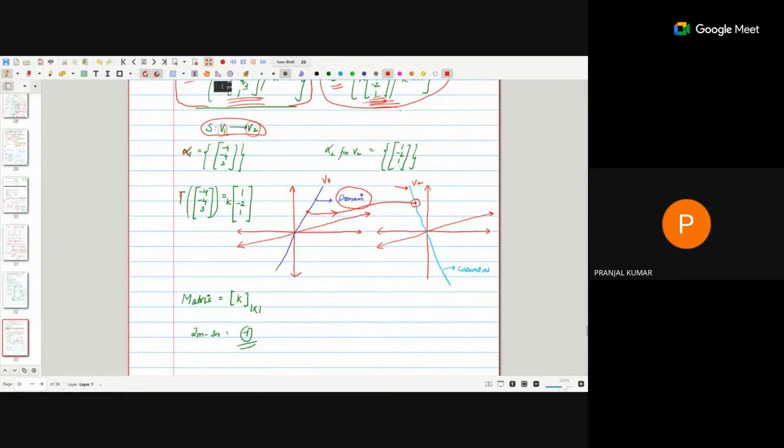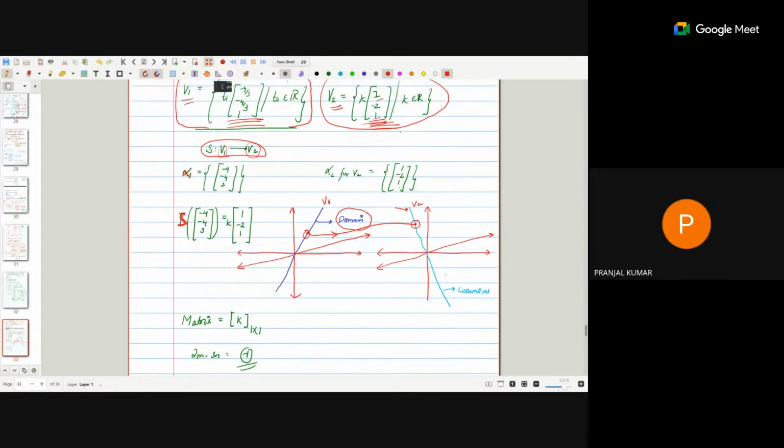If I input a vector from this line, since my codomain is this, I will have an output in my codomain only, right? Yes, sir. See, what is your codomain? It is your V2. So if I input a vector from V1, I will definitely get my output in the codomain only, right?